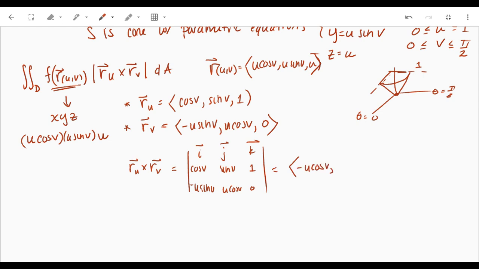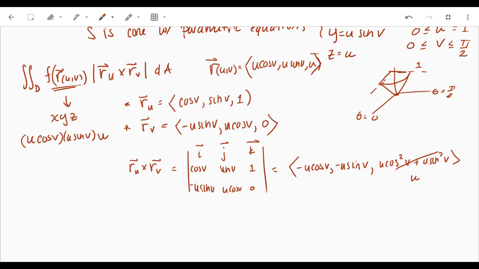For our j's, negative, negative, negative u sine v, so we're going to have negative u sine v. And for our k's, we're going to have u cosine squared v plus u sine squared v, which is just going to be u, right?